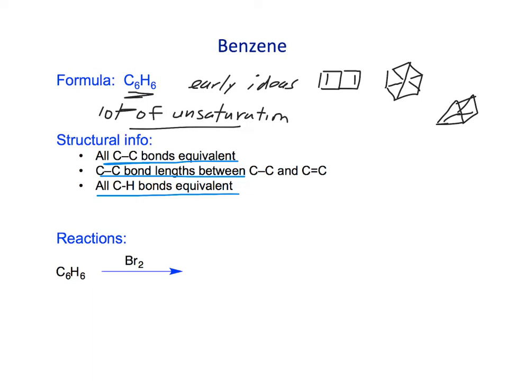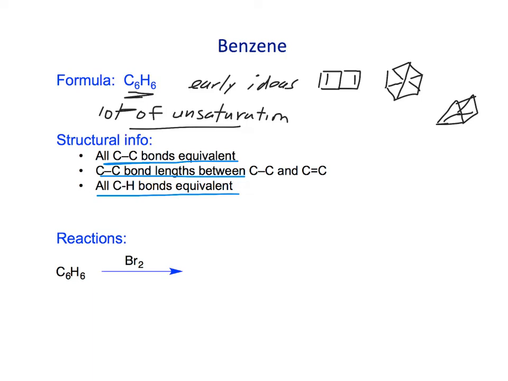The other thing that was discovered that was very unusual is the reactivity of benzene. So we know that if we have alkenes, a common reaction with alkenes is to brominate it, right? An electrophilic addition reaction, you learned that before. This was actually used as a qualitative test for the presence of alkenes.